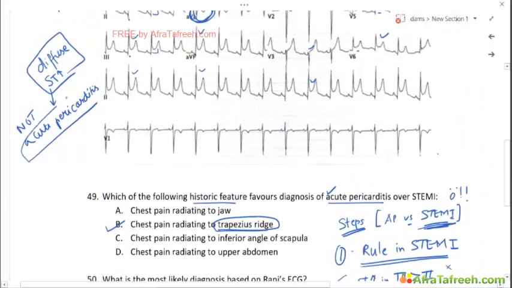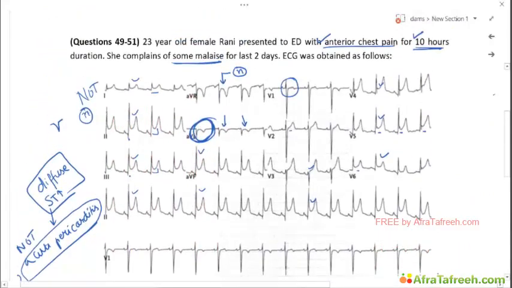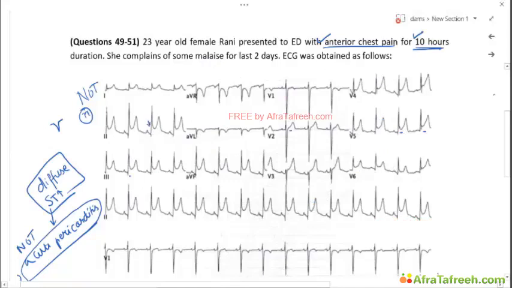Right? If we do not go by the rule of these steps, what we'll do is that, as we did previously, we'll assume this to be a possibility of acute pericarditis. Then we'll look around, and we'll say that the patient has a PR depression here, a PR elevation here in AVR, and similarly PR depression at a lot of places.